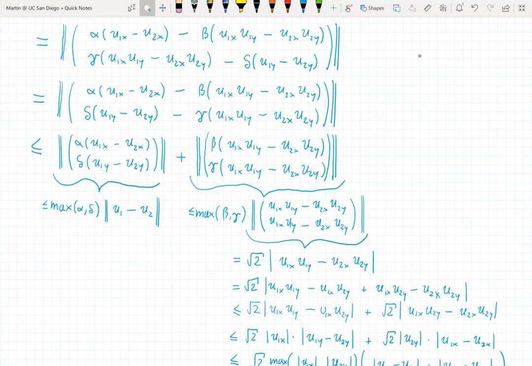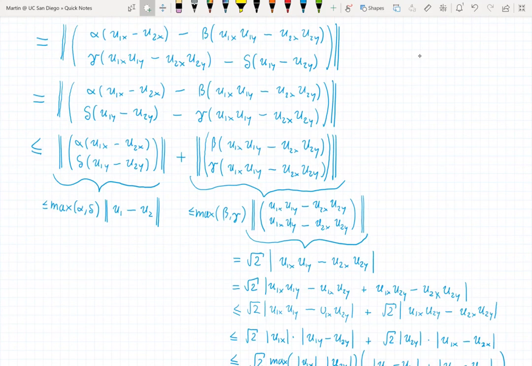So I get that this is bounded from above by the norm of the vector with components alpha times (u1x minus u2x), and second component delta times (u1y minus u2y), plus the Euclidean norm of the vector with first component beta times (u1x u1y minus u2x u2y), and second component gamma times (u1x u1y minus u2x u2y).